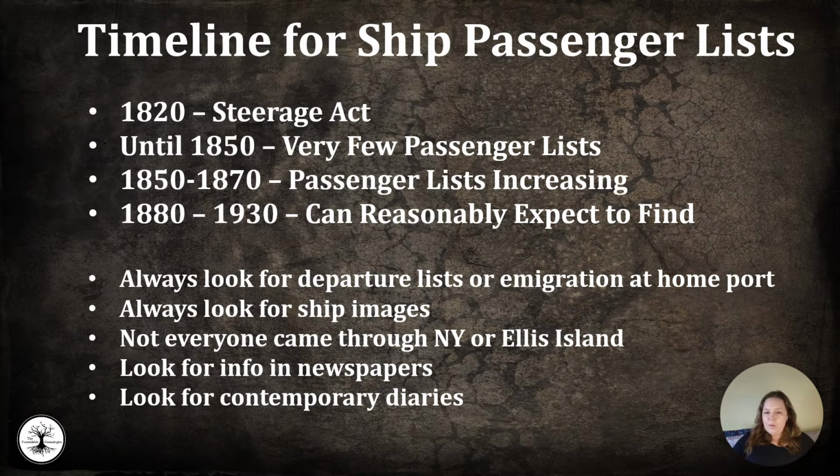Not everybody came through New York and not everybody came through Ellis Island, because Ellis Island didn't even open until 1892. Sometimes you can find information in newspapers about ship arrivals, and sometimes you can even find contemporary diaries, not kept by your ancestor, but they would document the conditions on board for the right passage and for the right time period.